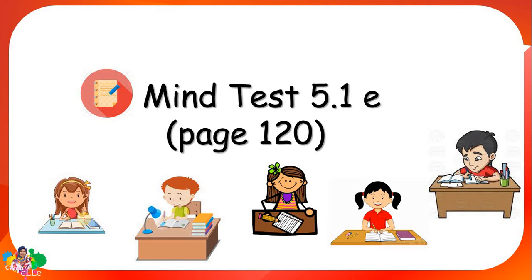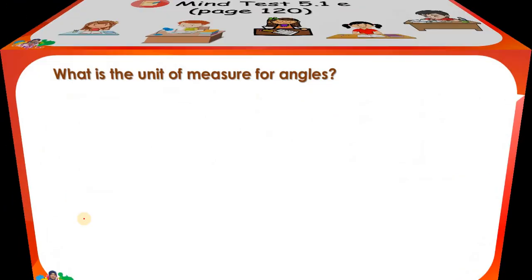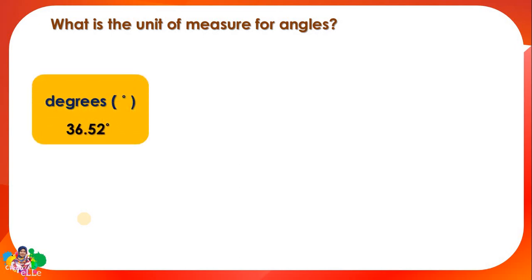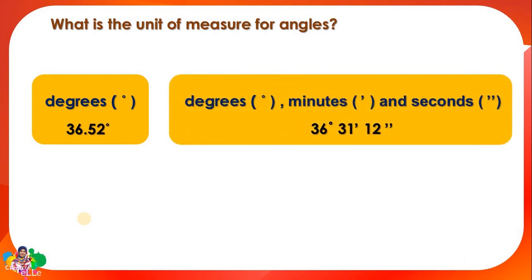Okay, alright, we continue. What is the unit of measure for angles? You know that the unit of measure for angle is degrees. For example, 36.52 degrees. Did you know that angles also can use units of degrees, minutes and seconds?